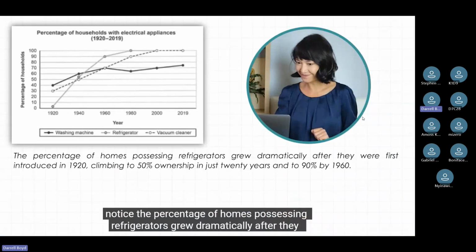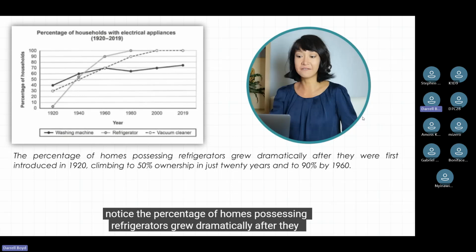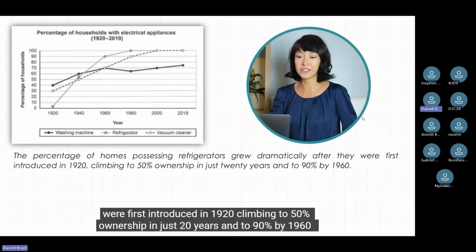What do you notice? The percentage of homes possessing refrigerators grew dramatically after they were first introduced in 1920, climbing to 50% ownership in just 20 years and to 90% by 1960.